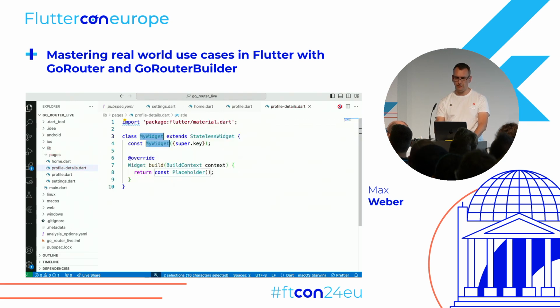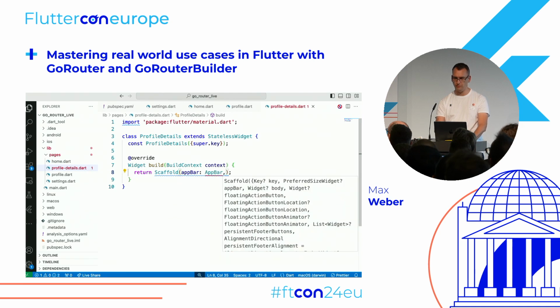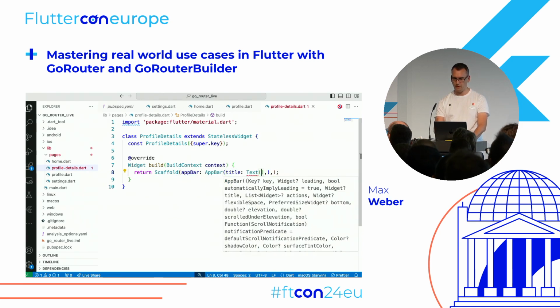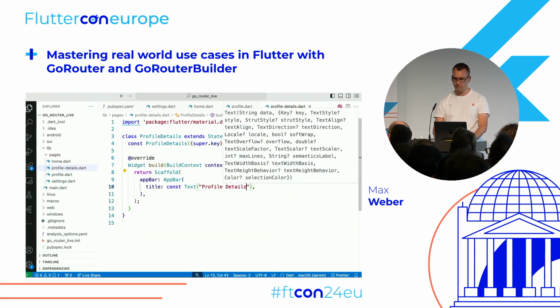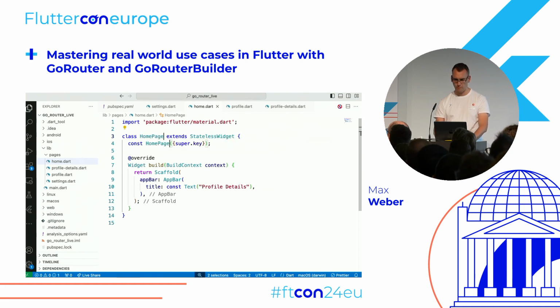We create a stateless widget for our profile details. And creating a scaffold with an app bar just to keep the title, right? So where we have the text of profile details. So I will copy that over. We have that for home, nearly the same thing. So let's replace that. And so let's see if that works. Fantastic. Profile details we have.